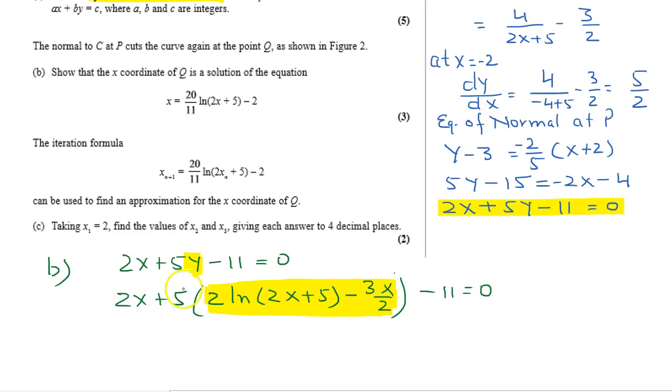So 2x plus 10 ln 2x plus 5 minus 15x over 2 minus 11 is equal to 0.